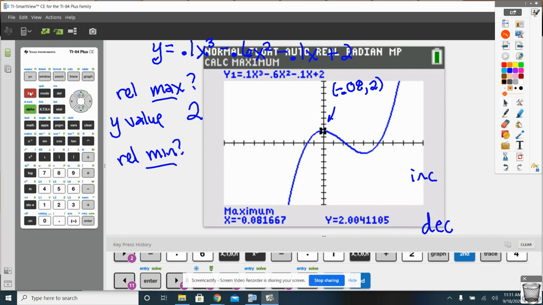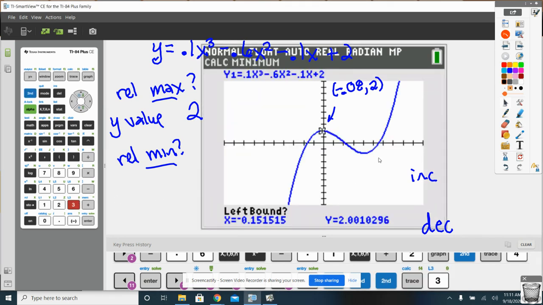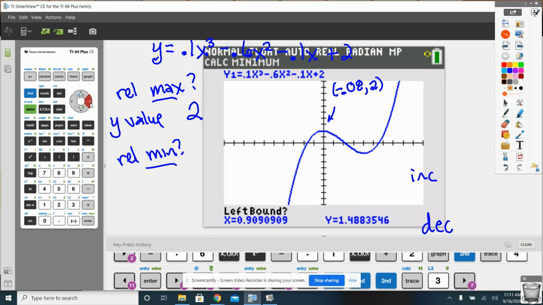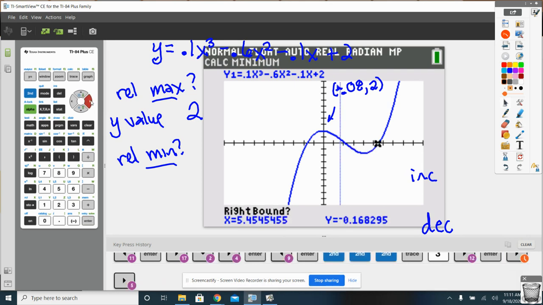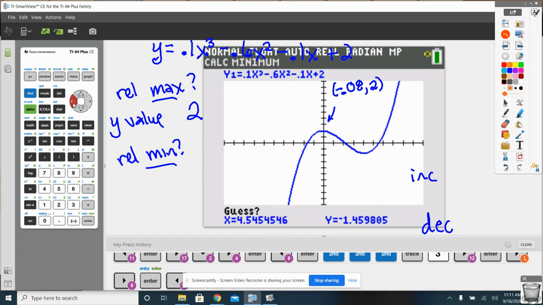Second calculate. This time I'm looking for a minimum, 3. This is the one I'm looking for, so it asks for the left bound. I could technically hit enter right now if I wanted to. Say start looking here. Hit the right arrow, tell it when you want it to stop looking. It can stop looking here. It will be in between. I want to find that spot in between. It asks you to guess. So you move your cursor close to where it is.